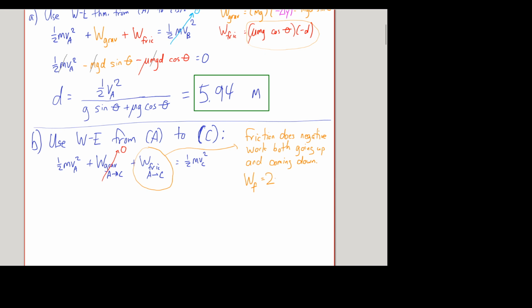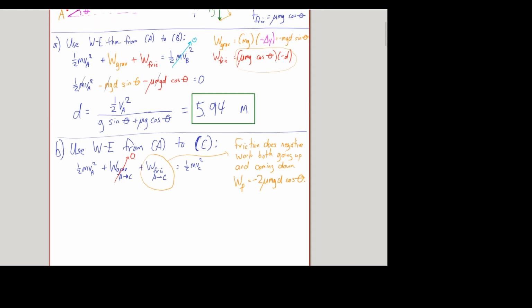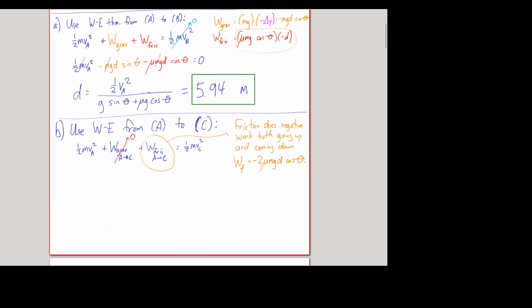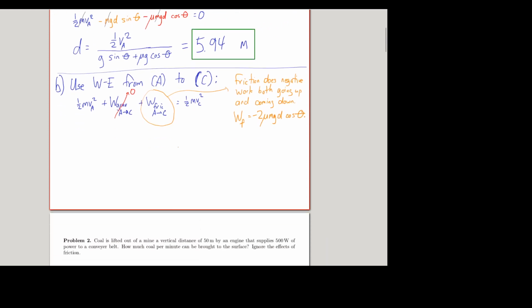So minus 2 mu mgd cosine theta. The factor of cosine theta, to remind anyone, comes from the normal force. The distance moved is just d on the way up and then again on the way down. The factor of cosine theta comes from the normal force.